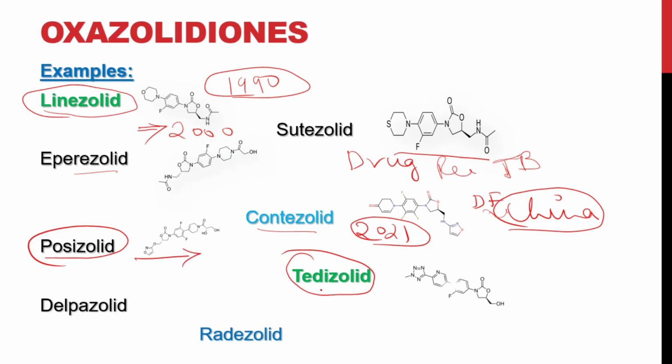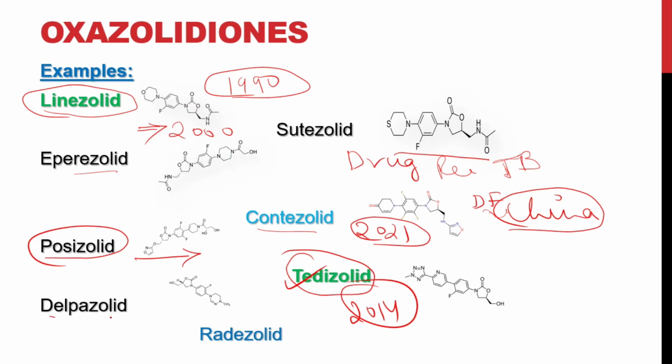And next is tedizolid. Tedizolid is also commonly used like linezolid. Tedizolid was approved in 2014, after the approval of linezolid. And when we compare linezolid and tedizolid, tedizolid has more effective actions than linezolid. So tedizolid is also very effectively used.